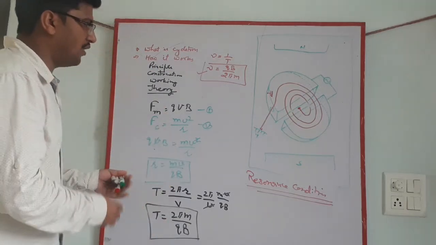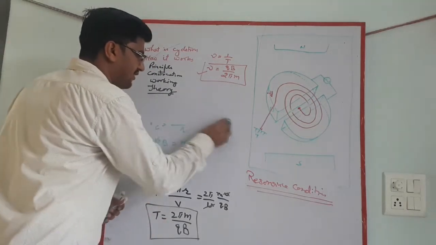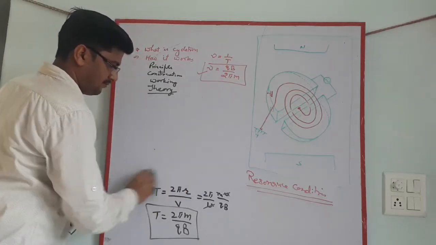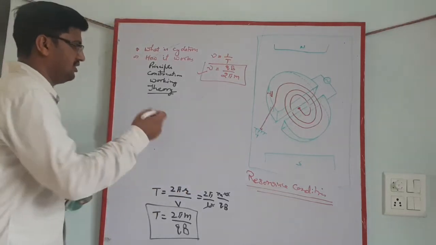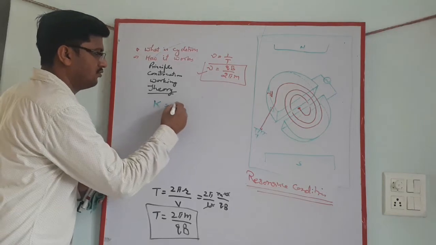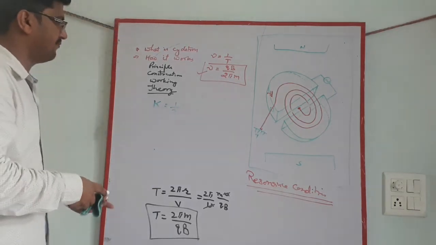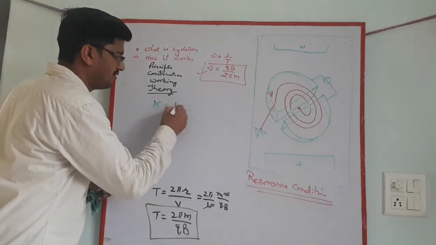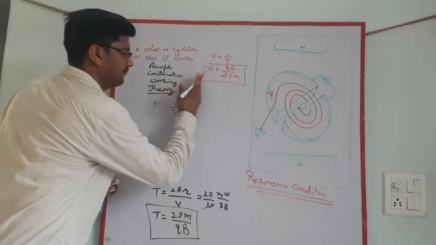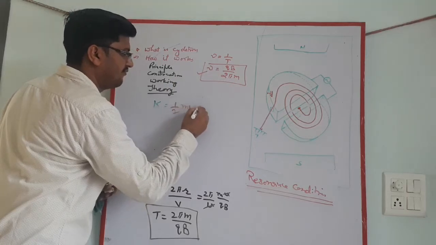So dear students, what is the maximum kinetic energy gained by the charged particle? The kinetic energy K will be equal to half mv square.